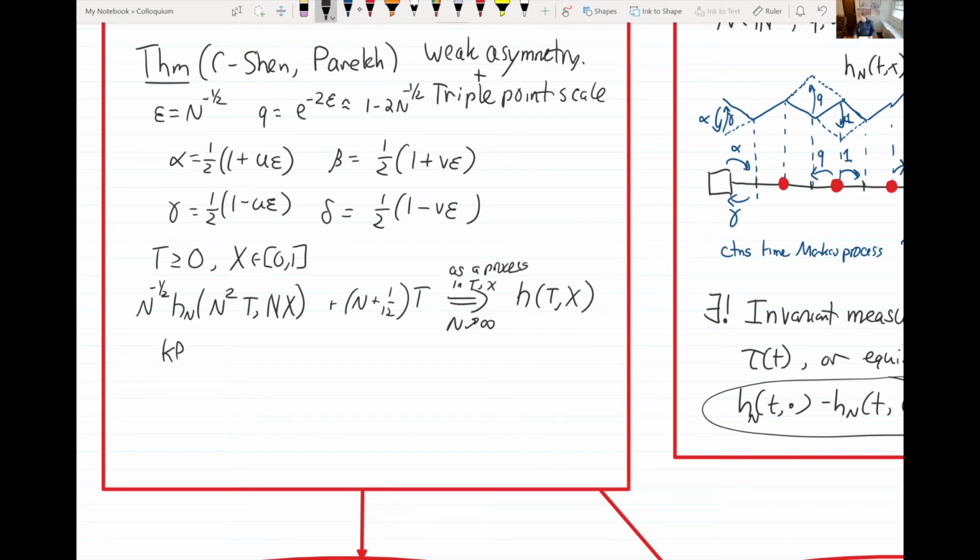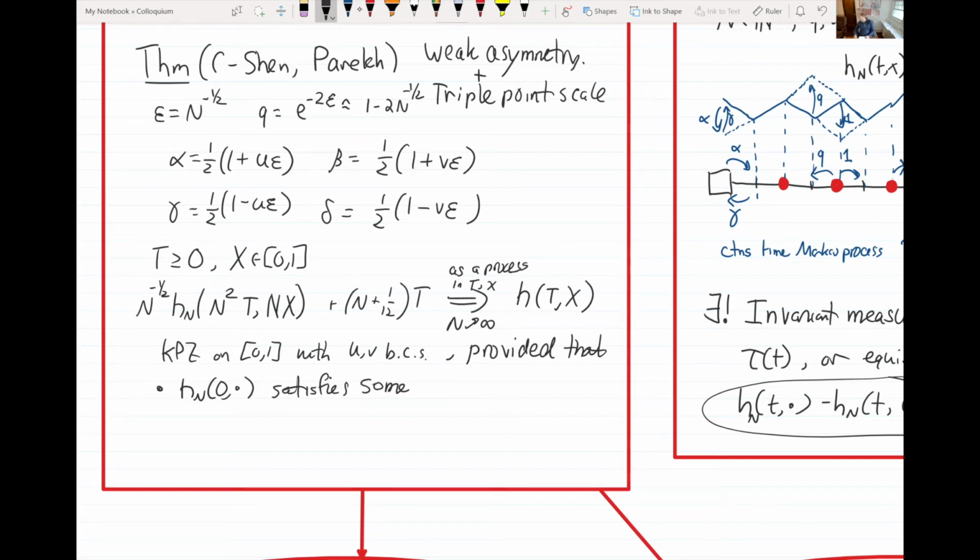So this is KPZ on 0, 1 with UV boundary conditions. And this is provided that, so obviously there needs to be something. So provided that my initial data needs to satisfy some regularity, some Holder regularity, some a priori Holder bounds, and has a limit.